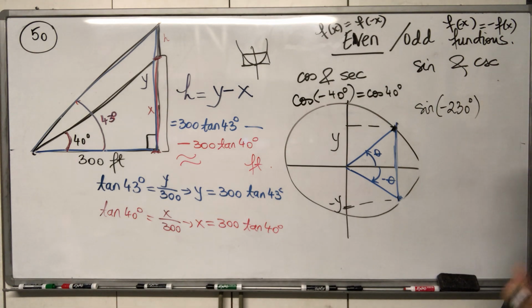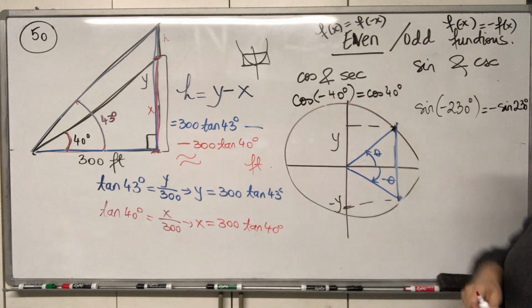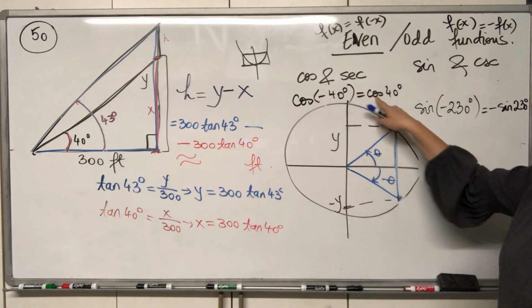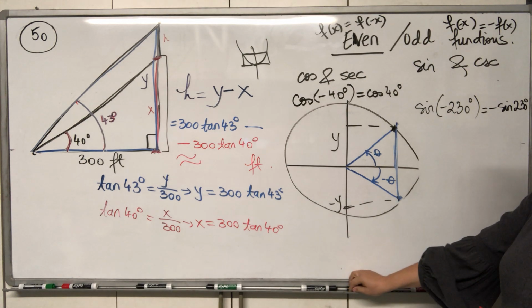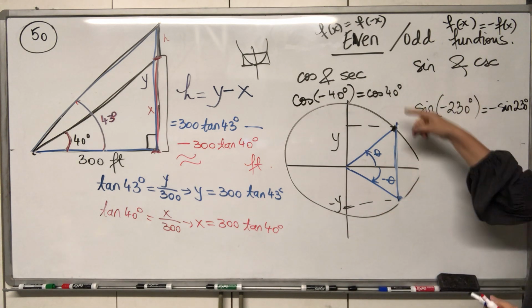So let's say I have a sine of negative 230 degrees. What does sine of negative 230 degrees equal? Sine throws the minus out. So it's the opposite of sine of positive 230 degrees. Does that make sense? So cosine ignores the minus, so cosine of a negative is the same thing as cosine of the positive, whereas sine throws the minus out.